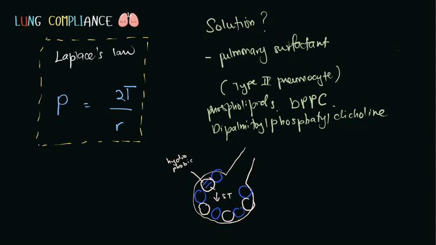The surfactant aligns itself along the alveoli because it has a hydrophobic site and a hydrophilic site. You can see they repulse each other, preventing the alveoli from collapse even at low lung volumes.